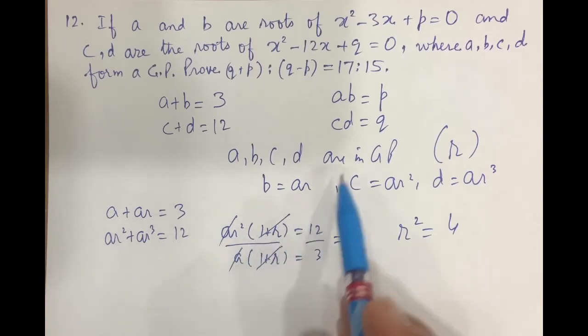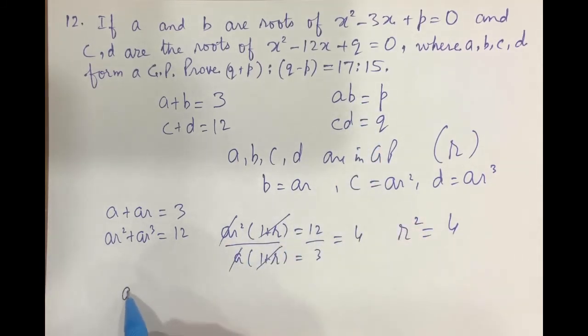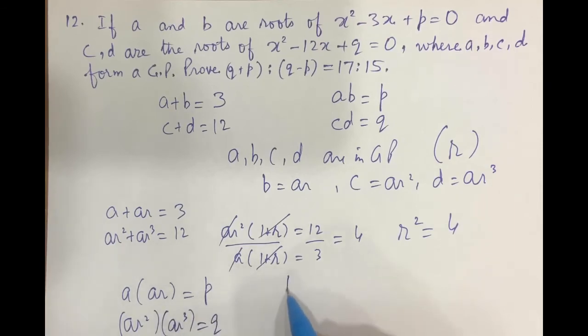Now substituting values in these equations, A into B, B is ar, this is p. Similarly C is ar square into D, ar cube, that is q. So p is a square r and q is a square into r raised to 5.